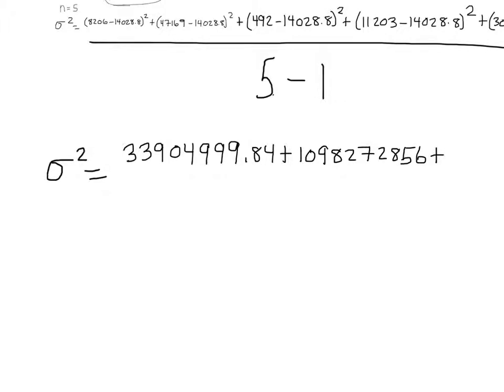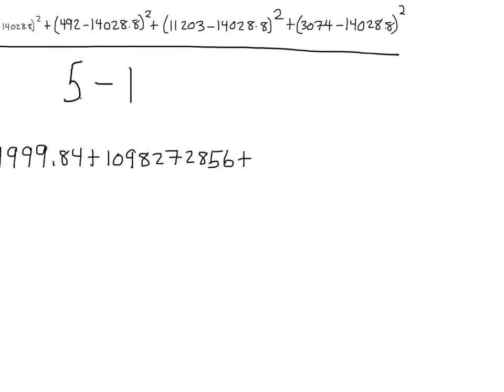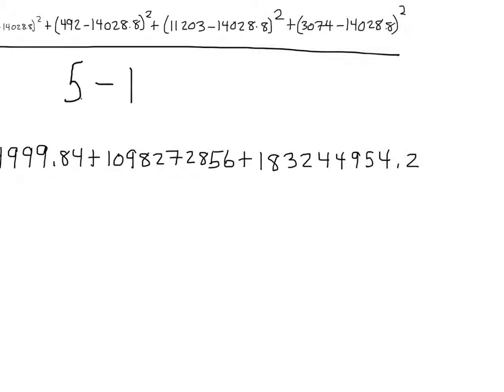Plus, and then I need to do the third one. So now I'm going to do this one right here. 492 minus 14028.8, enter, and then I'll square it, and it gives me 183,244,954.2.